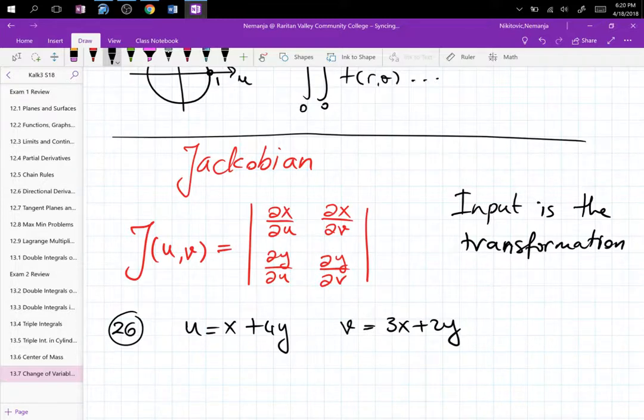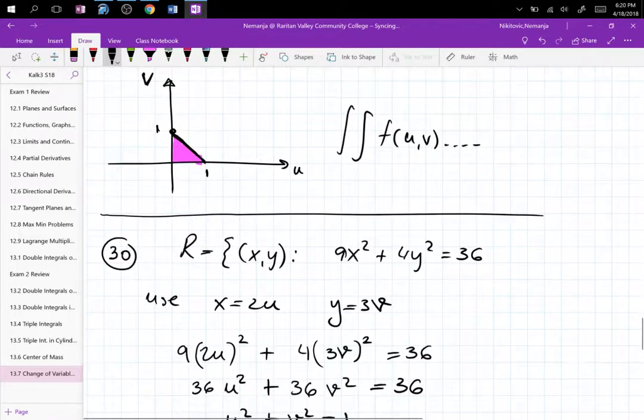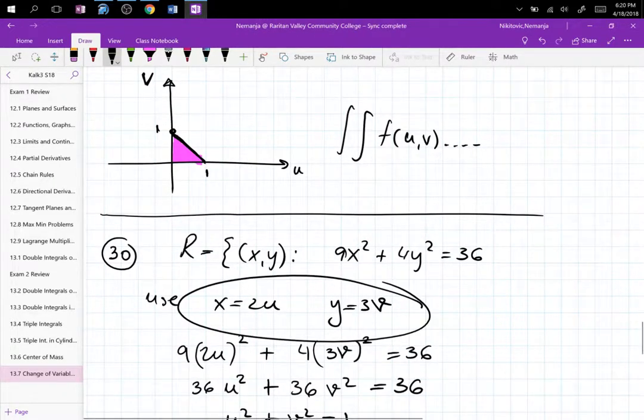Now, I hope you already see the issue in the way the problem is presented. The Jacobian is clearly asking you to compute x as a function of uv, which is the way we used to have, x and y in terms of uv.